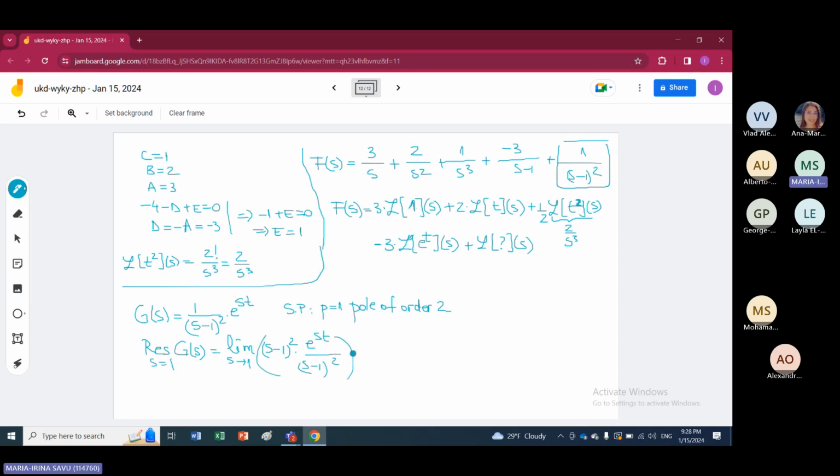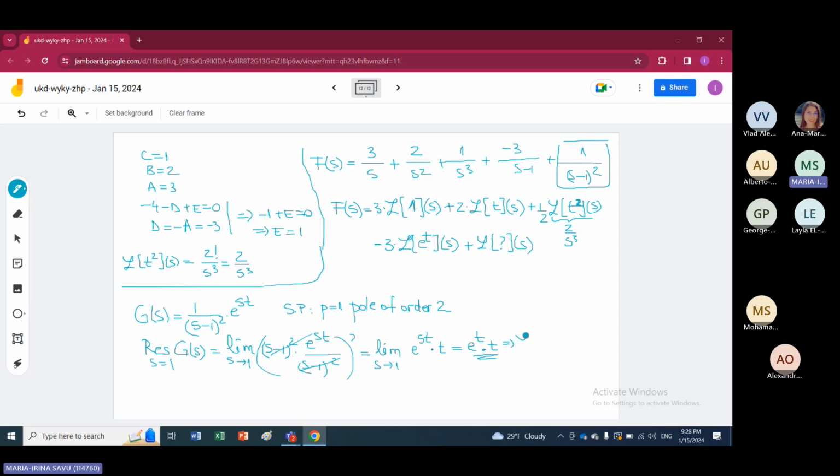The derivative is e to the st times t, because s is the variable, t is the constant. So this is e to the t times t.